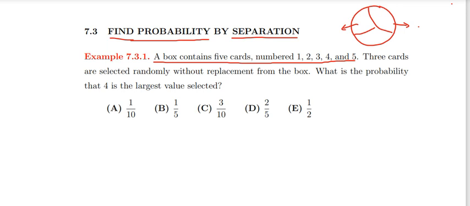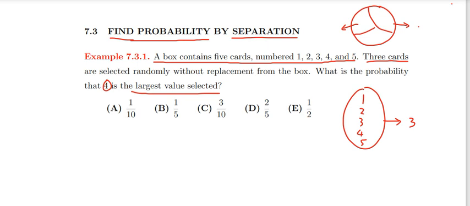From here we just pick 3 cards randomly, without replacement, so we pick one by one by one. So what is the probability that 4 is the largest value?